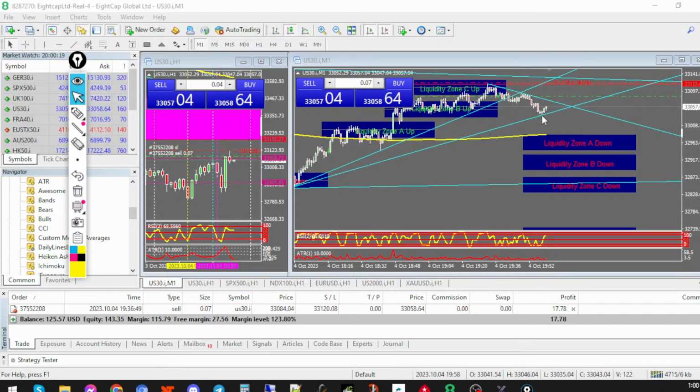So we're watching this move that's happening right now, and let's see if it's going to come back and continue moving down, or if it's going to break through that trend line and go up. Look at this 1 hour bar, guys.